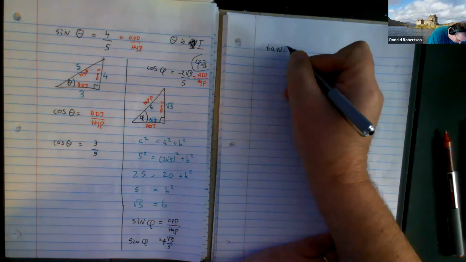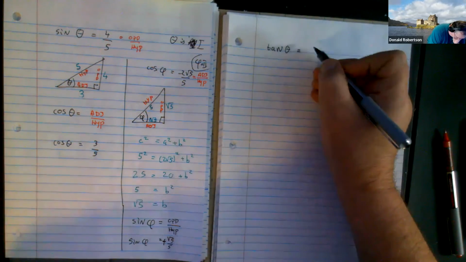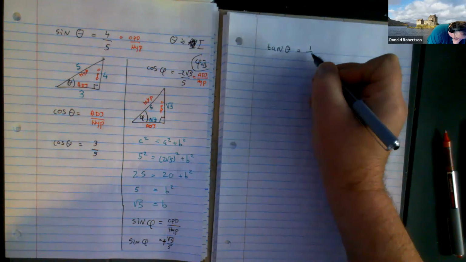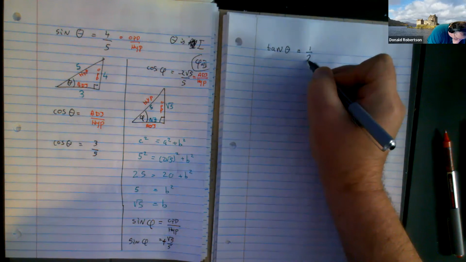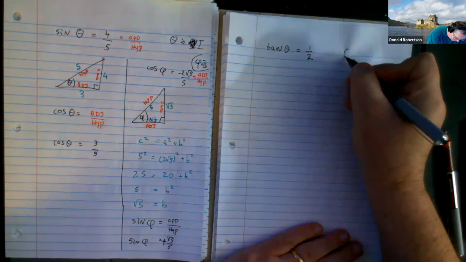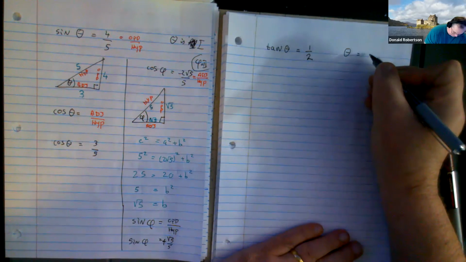So here goes. I'm going to tell you that the tan of theta is a half, and that theta was in the third quadrant.